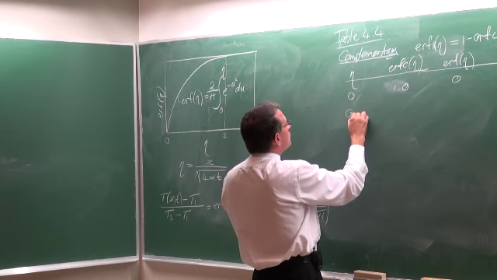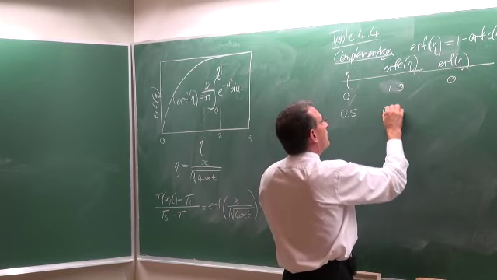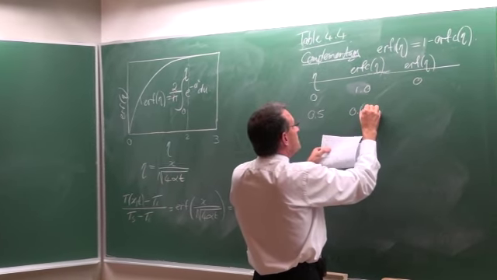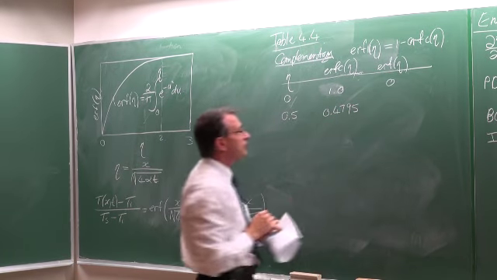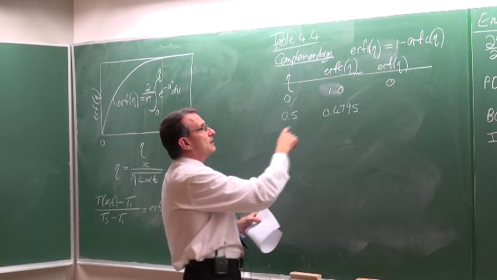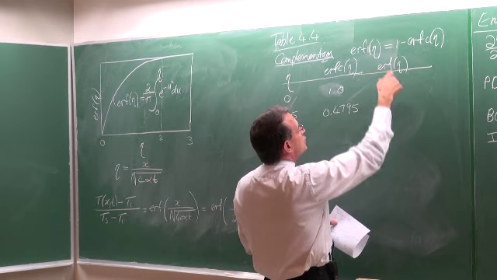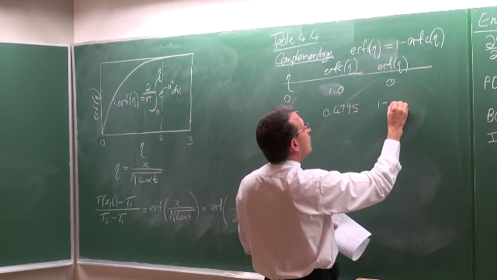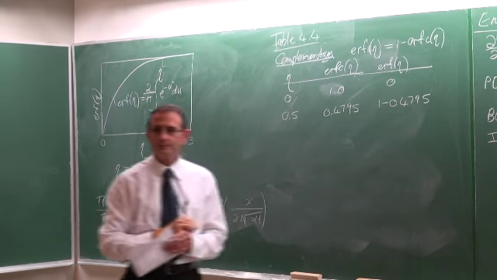Okay. Another value would be typically at 0.5. At 0.5, the complementary error function is equal to 0.4795. Therefore, that is a complementary error function. The error function would be equal to 1 minus 0.4795.